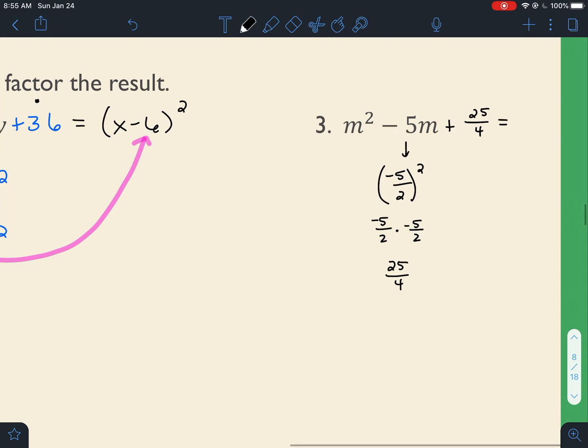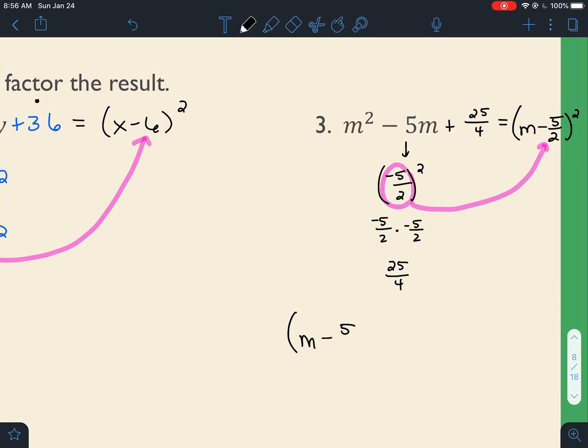So when I go to factor m squared minus 5m plus 25 over 4, it's going to factor into m minus 5 over 2 squared, because the negative 5 over 2 is the number that gets plugged in right here. And I can prove that to you. If we have m minus 5 over 2 squared, that's m minus 5 over 2 times m minus 5 over 2.